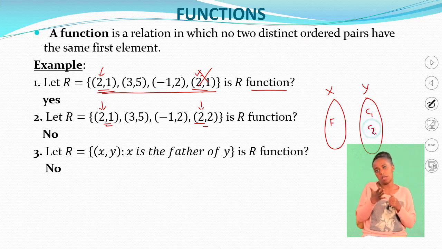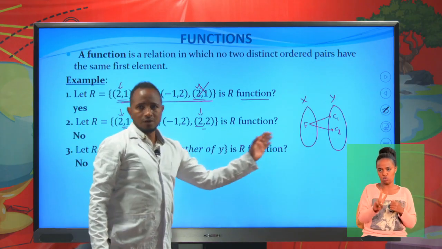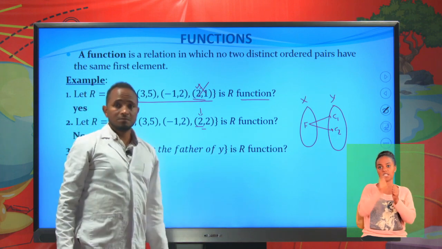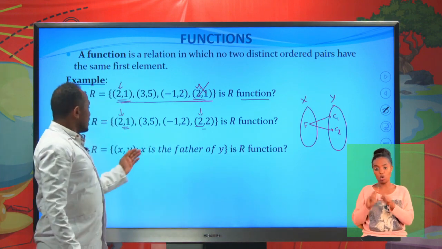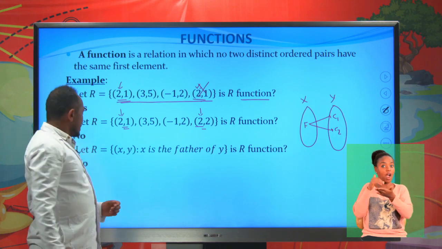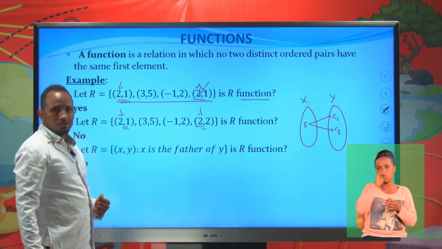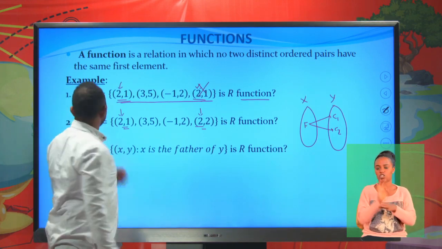He may have more than one child, so this father will pair with different children. Therefore, father with child 1, father with child 2. The first ordered pair will be repeated. Because of that, "x is the father of y" is not a function. Now let's continue.